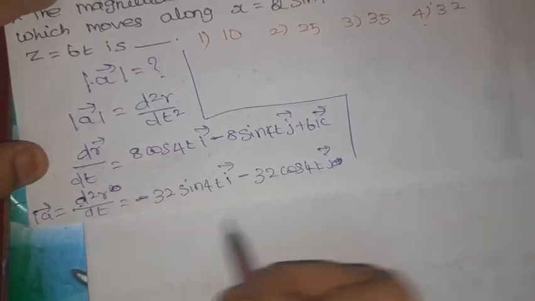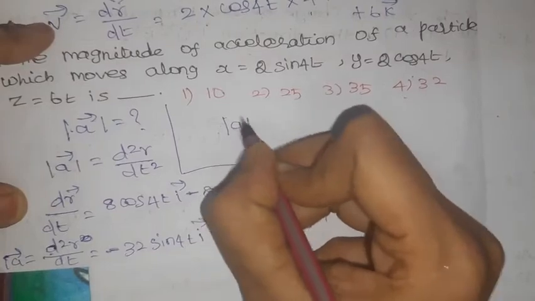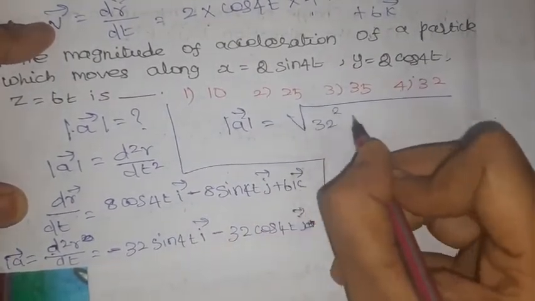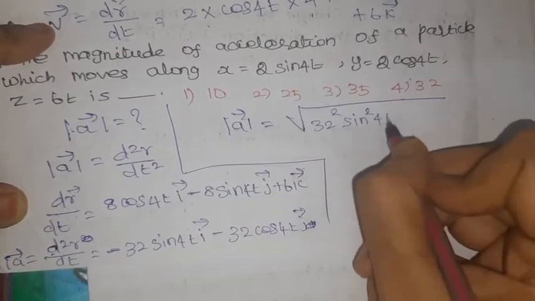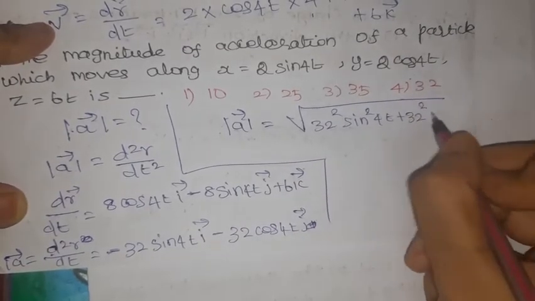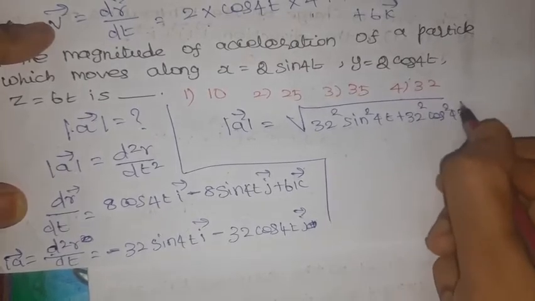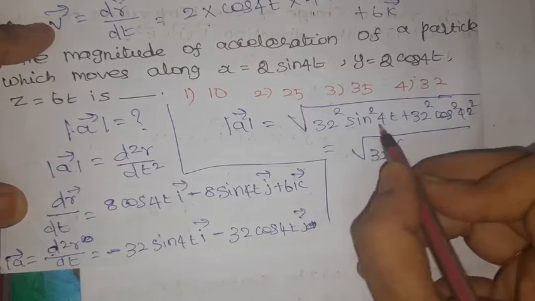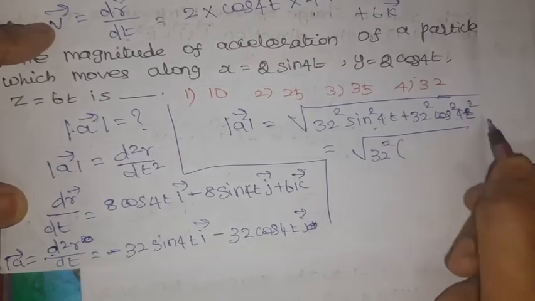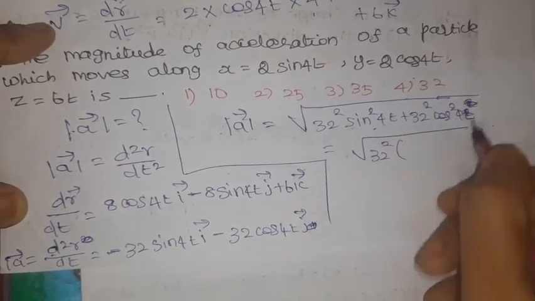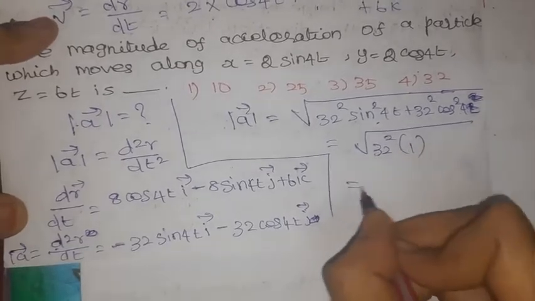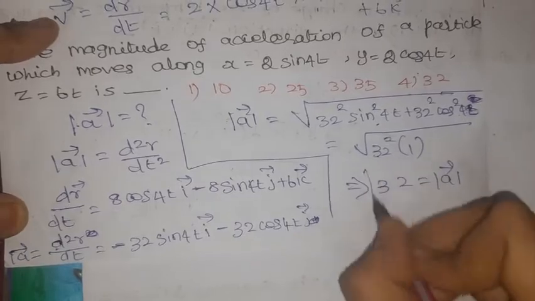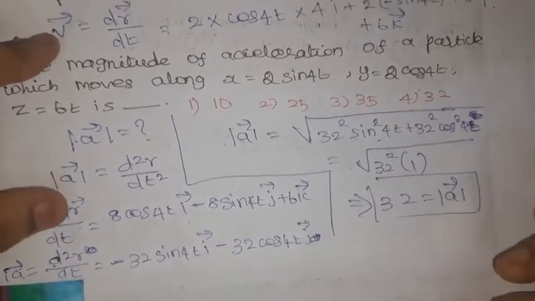Then the magnitude of the a vector is square root of 32 squared sin squared 4t plus 32 squared cos squared 4t. Take 32 squared common, then sin squared 4t plus cos squared 4t we will get 1. So square root of 32 squared is simply 32. So the magnitude of acceleration is 32.